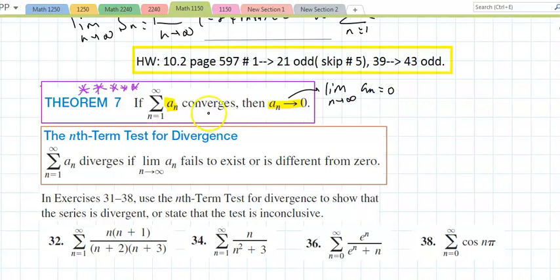Which means if a series converges, the limit of the sequence equals 0. I could use analogy in section 10.1 for any sequence that they ask if it converges or diverges. If I could show the series converges, then automatically the limit equals 0, and if the limit exists for a sequence, then that sequence converges.